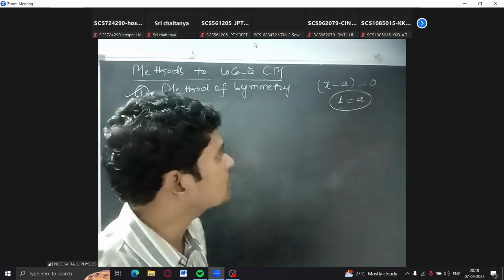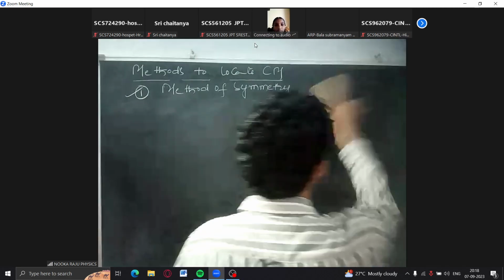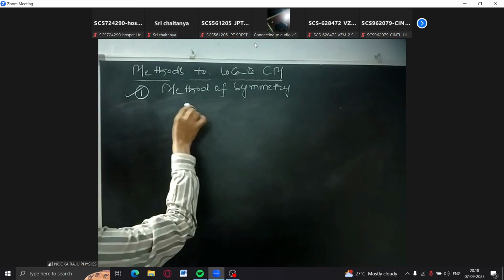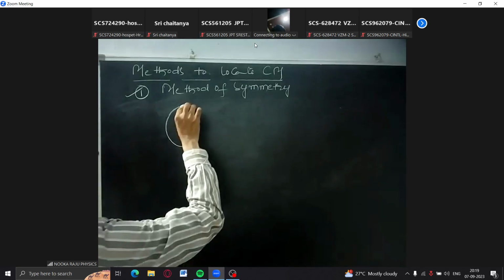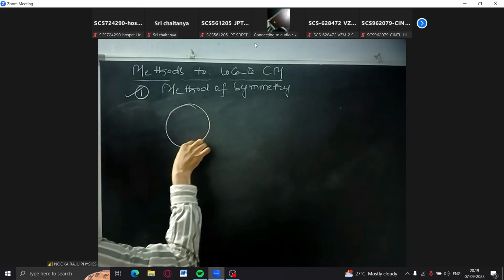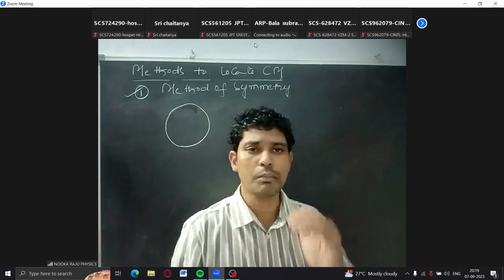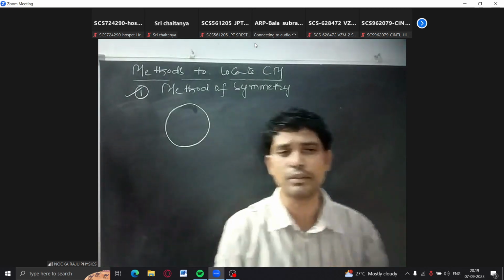The same concept we can apply in physics in the center of mass concept. So what is the method of symmetry here? For example, consider a disk. I said already in previous classes, two important points.